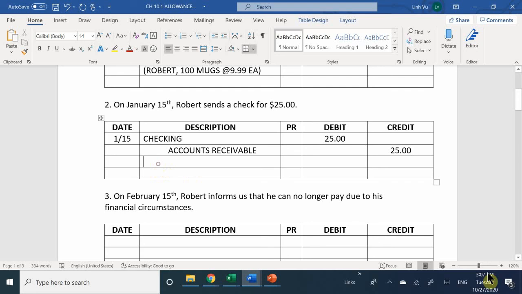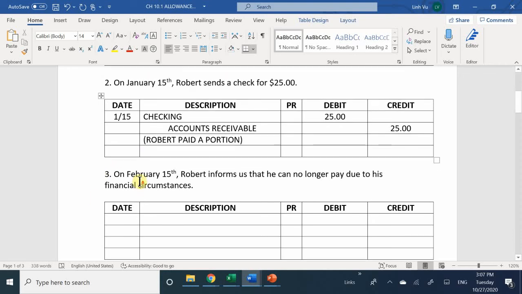And then you can make a little note here: Robert paid $25 toward the balance. You can say paid a portion to his debt.